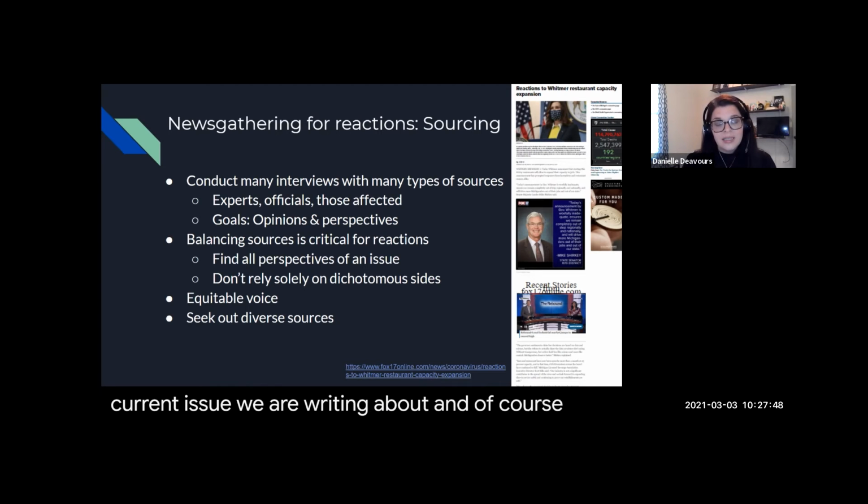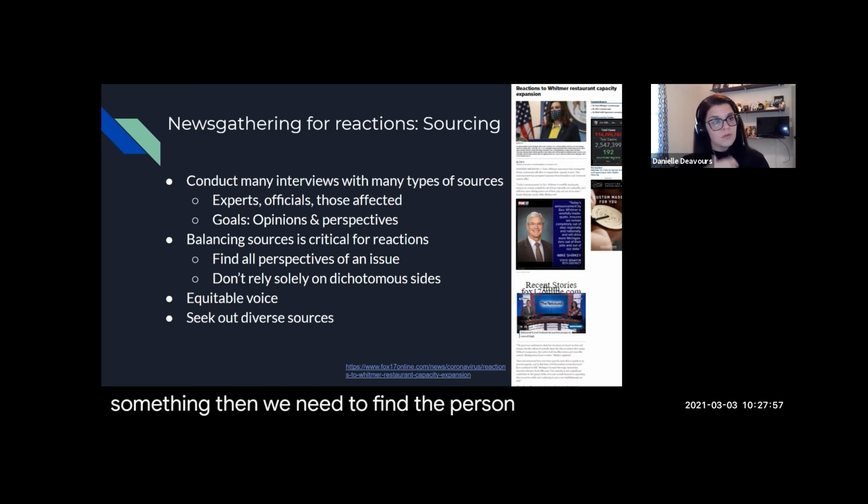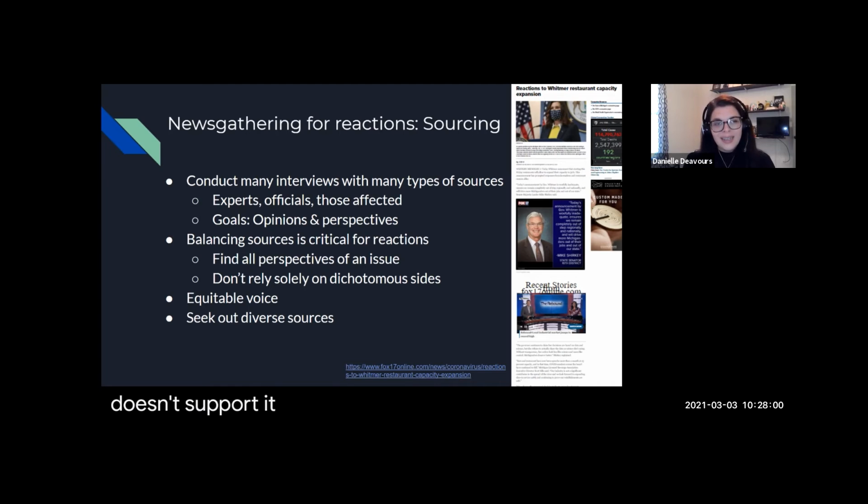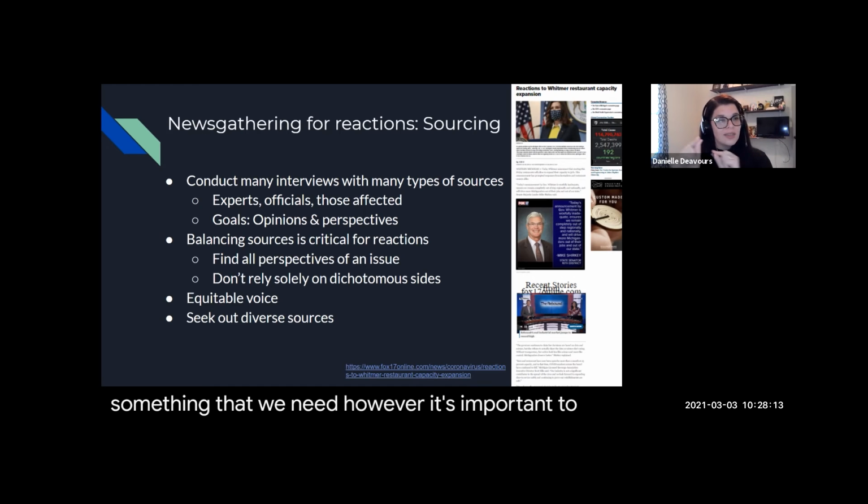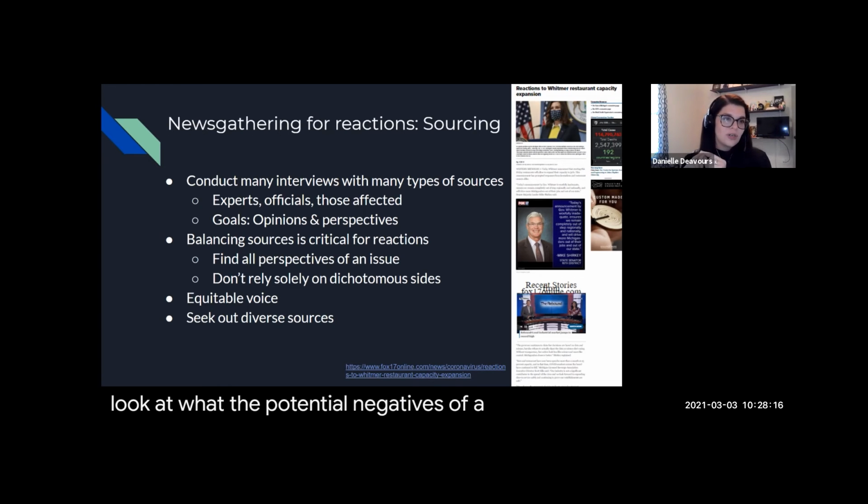And of course, balancing these sources is critical, as I mentioned earlier. So if we have someone who supports something, then we need to find the person that doesn't support it. Even in a unanimous decision, like the one we looked at with the Anaya bill, that is unanimously passing the House right now because there's no one who disagrees that this isn't something that we need. However, it's important to look at what the potential negatives of a situation are, even when the opinion is very strong for one category.